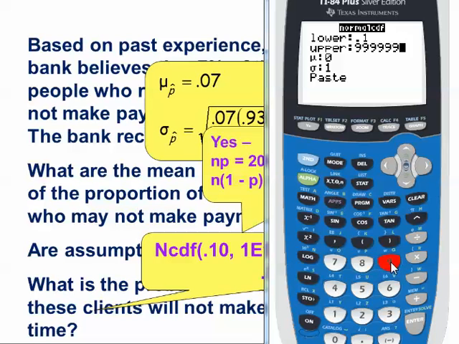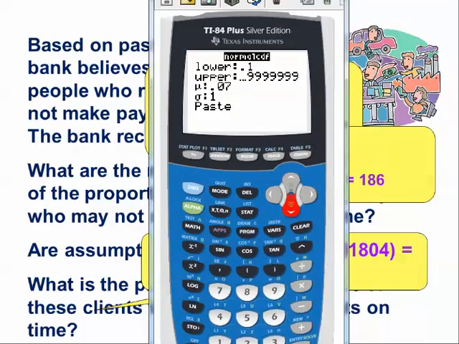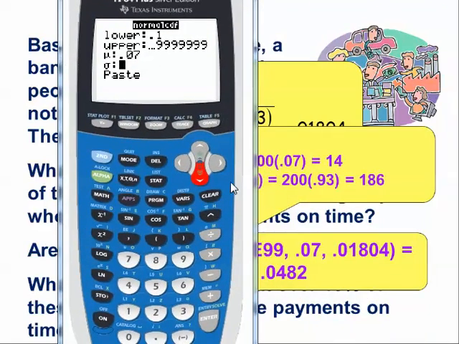It doesn't matter what that upper limit number is at that point. Okay, we're going to use a mean of 0.07. We're going to use a standard deviation of, and I just need to move it over so I can see what that number was, because I don't have it memorized.